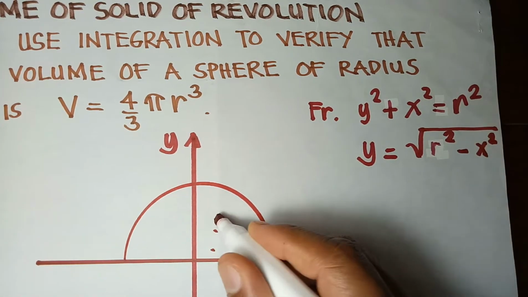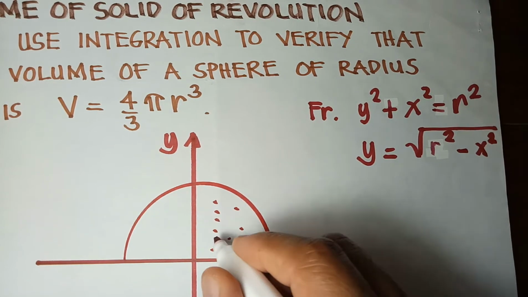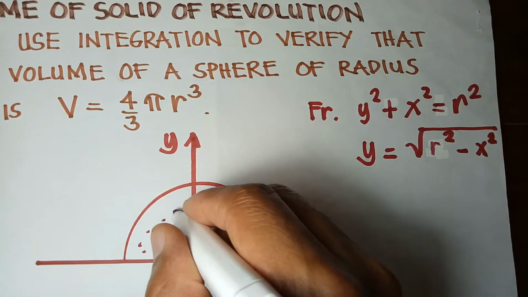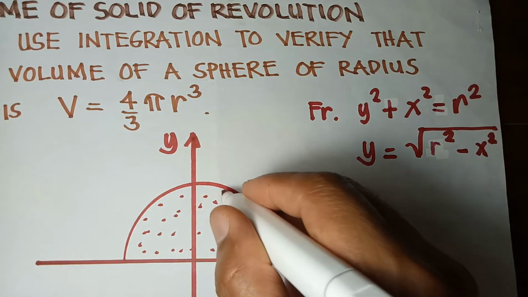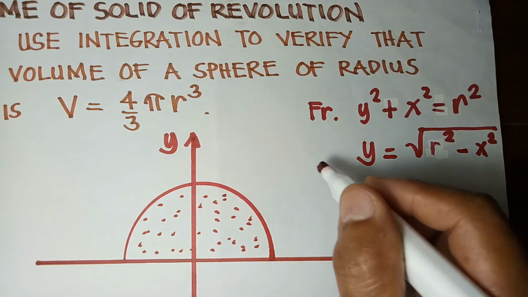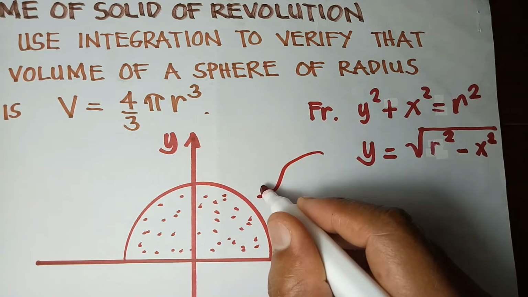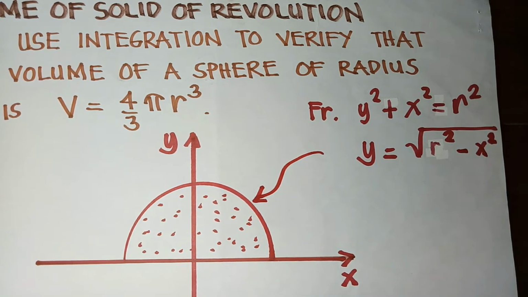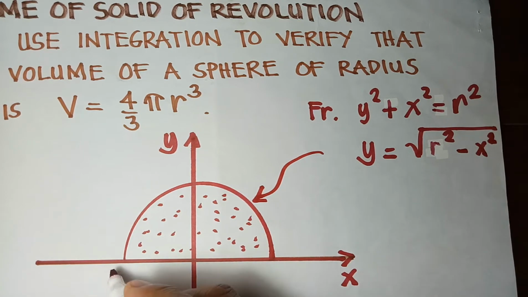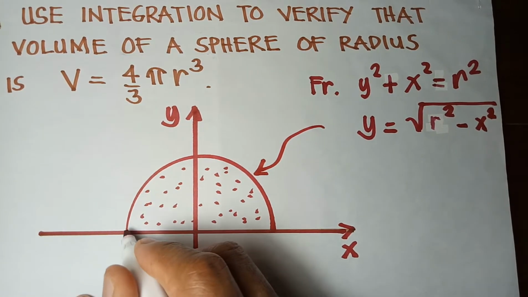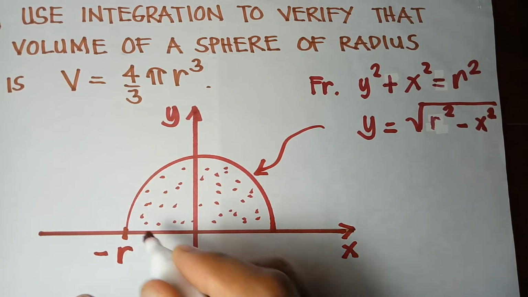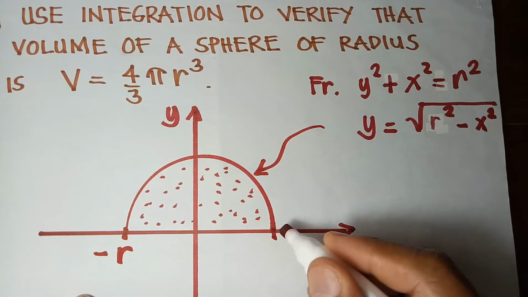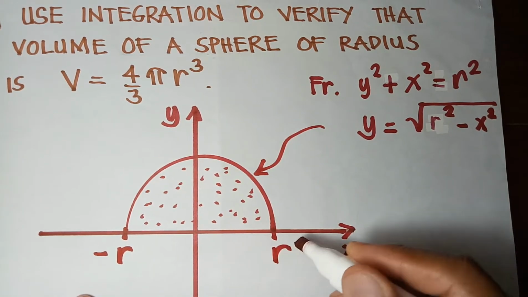Okay, so here is our plane area. This is the graph of y equals square root of r squared minus x squared. So this point here equals negative r, and this other point equals positive r.